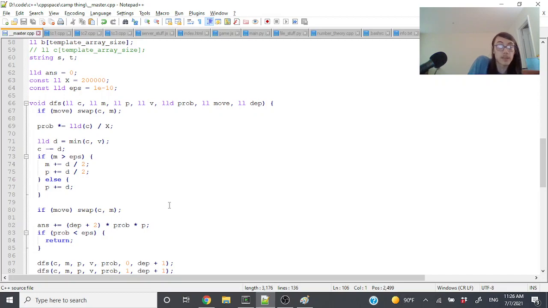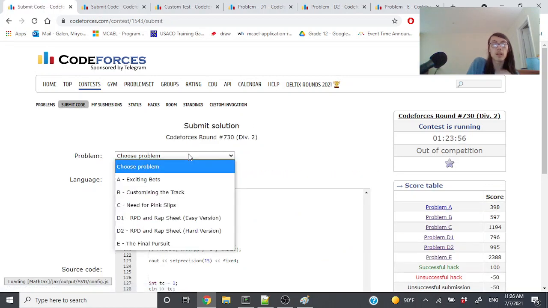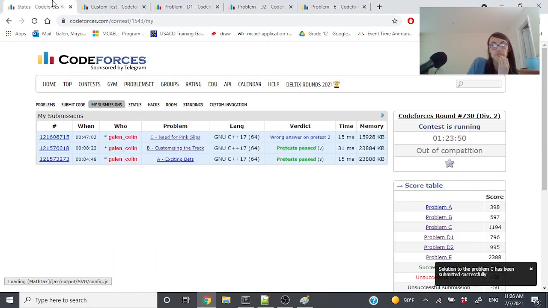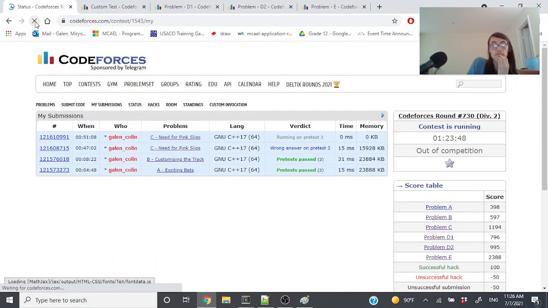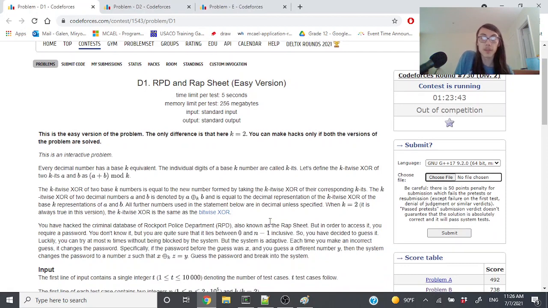I mean, everything's integers now except for this. So if the logic is wrong, that's a different issue, I guess. Okay. So it's precision.